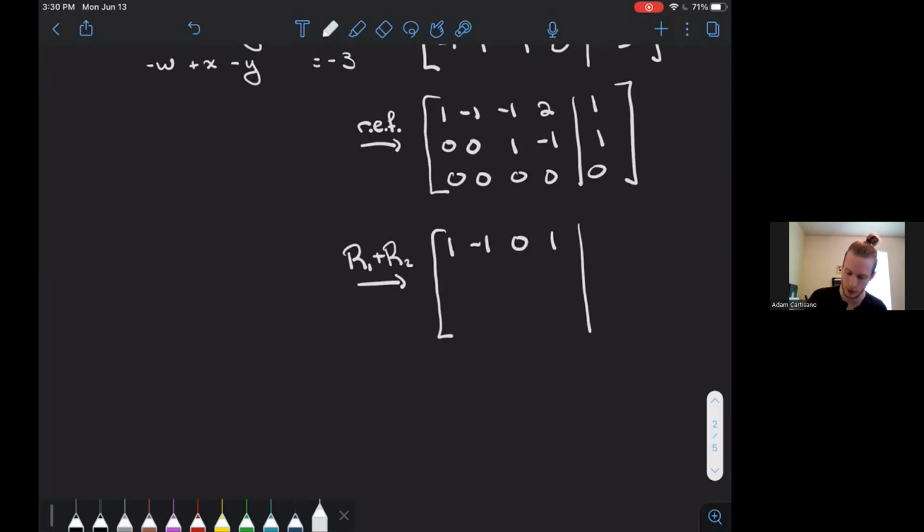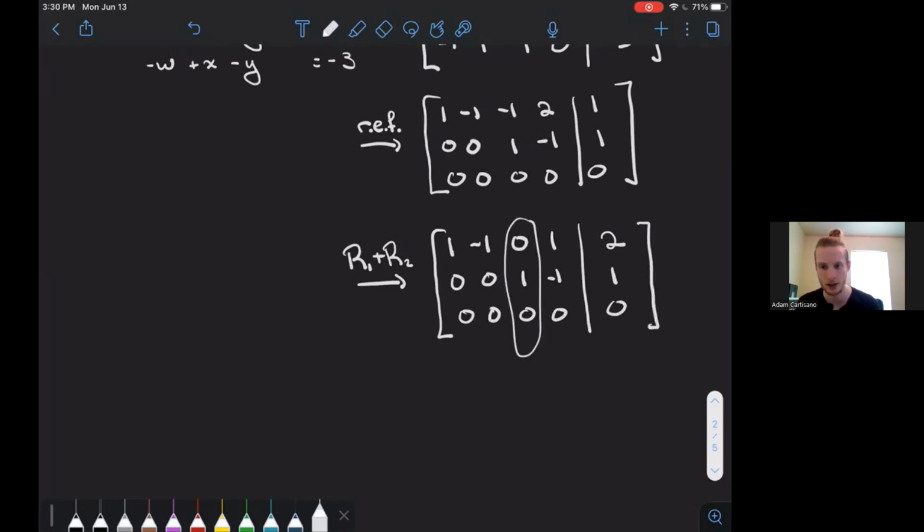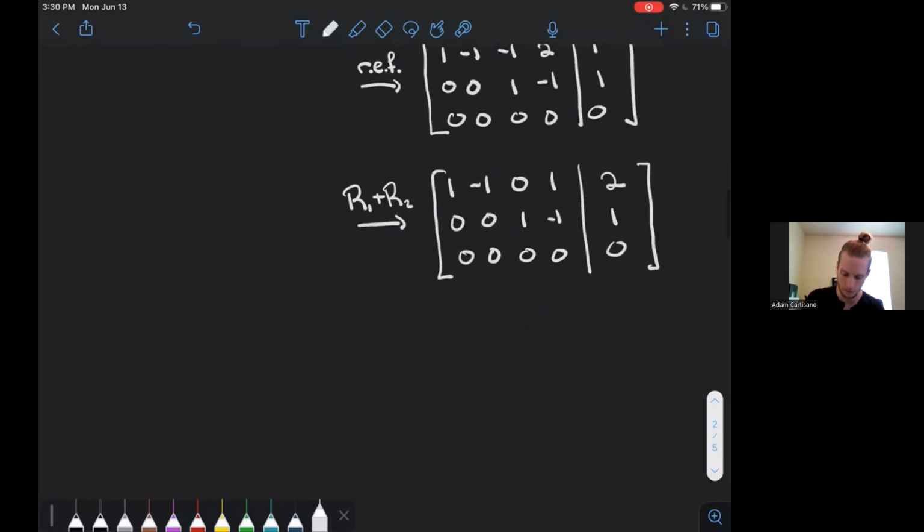And 1 plus 1 is 2. The second row hasn't changed. And the last row is still just a row of all zeros. This is now in reduced row echelon form, because look, in this column the only non-zero entry is that leading 1. So this is reduced row echelon form.